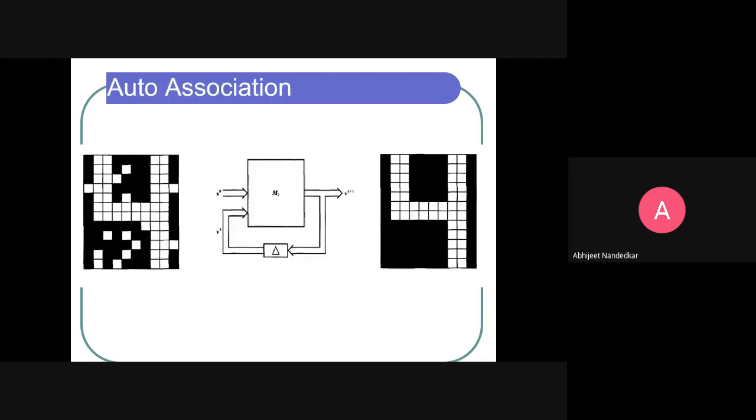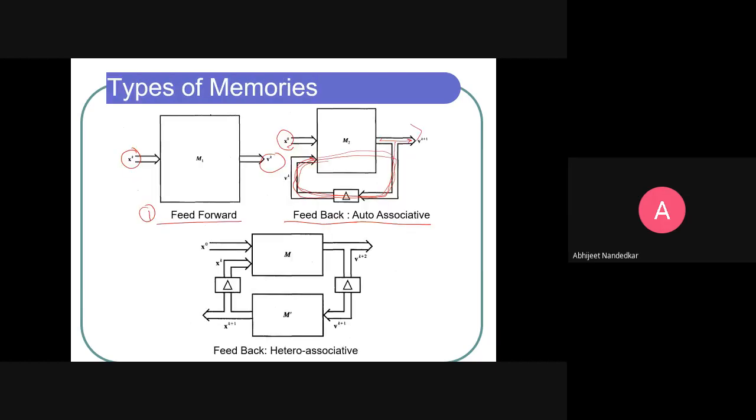So such a mechanism is feedback. Now this feedback has, you can say, two types. One is called auto-associative memory, which maps x to x only.